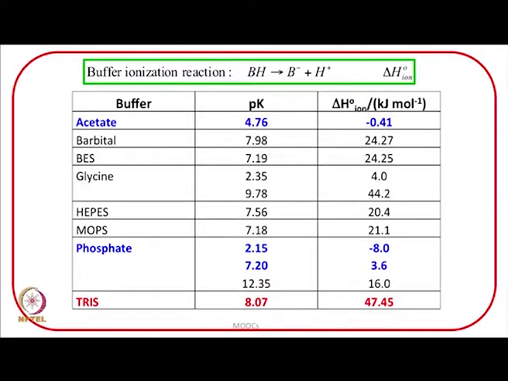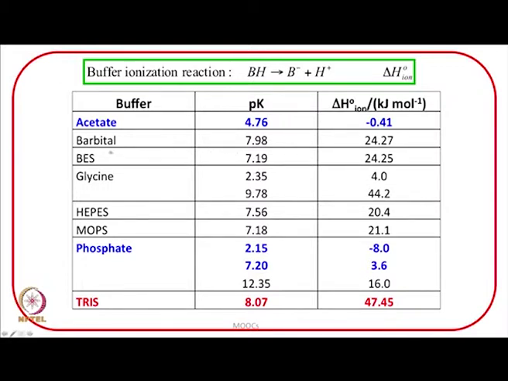And if we want to prepare a solution of pH 7, the other possibilities based upon the pK values are barbital, because pK is 7.98, or BES 7.19, MOPS 7.18.